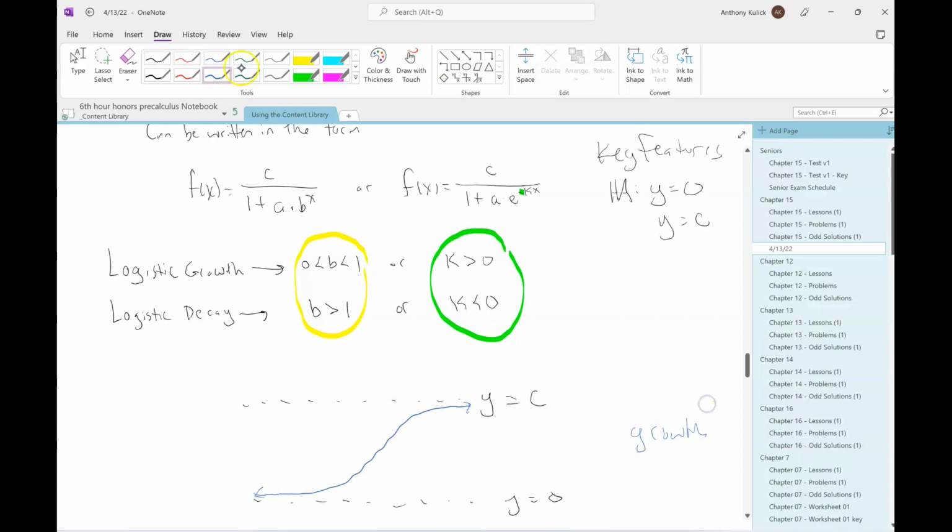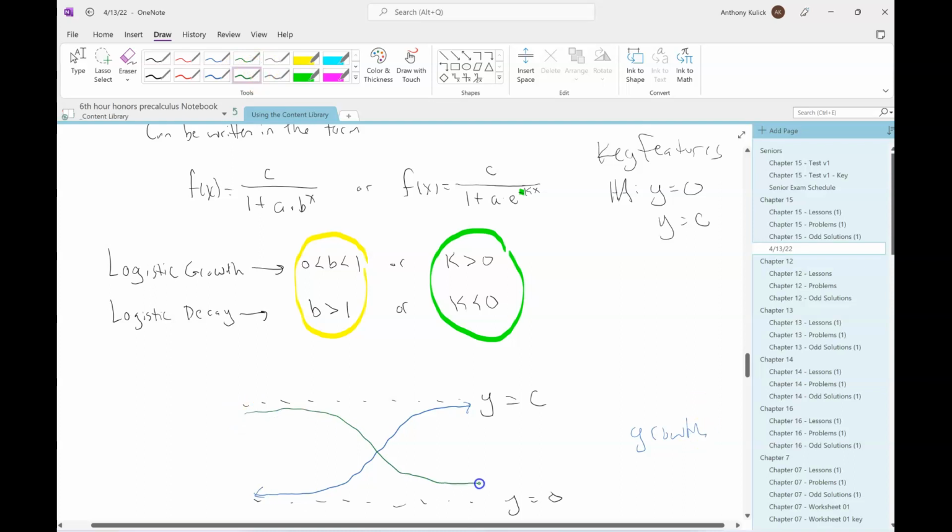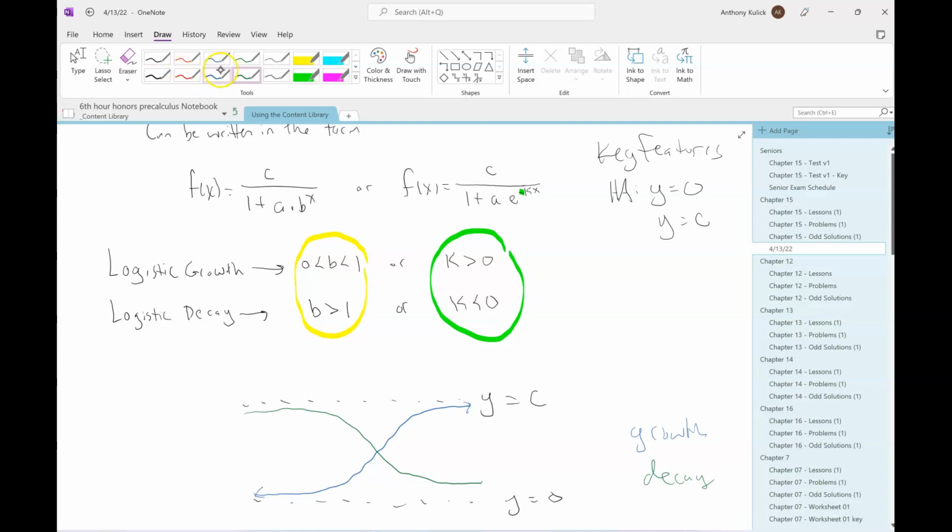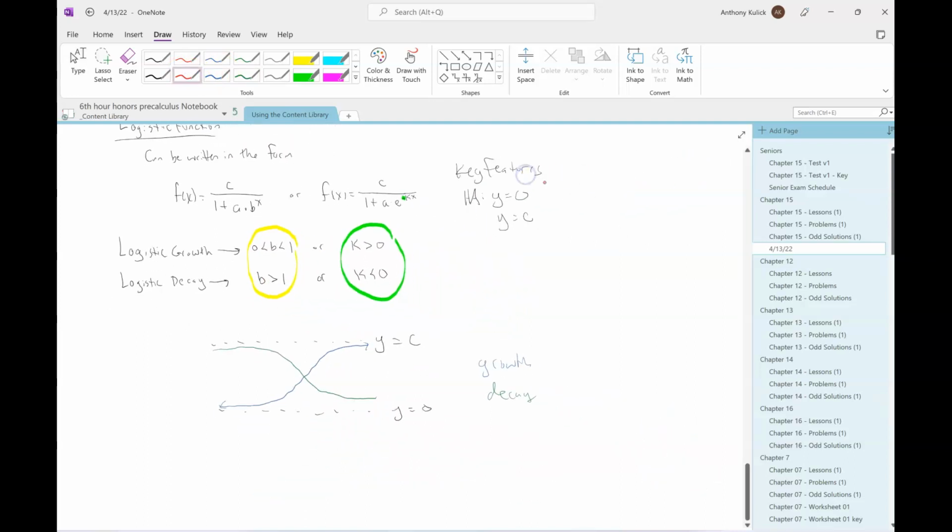A growth one would look this way, and a decay one would look like that. It kind of grows exponentially in the middle, but then levels off at the upper and lower bound. So again, this y equals 0 is your lower bound, and your y equals c is your upper bound. And sometimes we refer to that upper bound as the limit to growth.